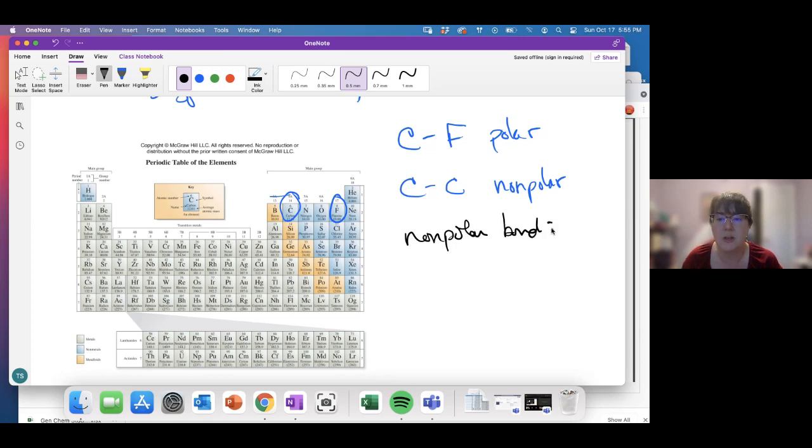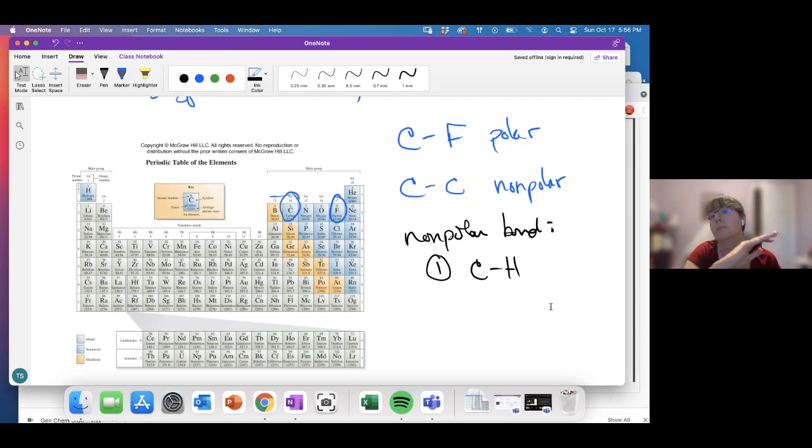The main times you're going to worry about this, one is when it's a carbon-hydrogen bond. Now, I understand that you can go back to chapter 6, look up the electronegativity values on the Pauling scale for carbon and hydrogen, and tell me that they are not identical. I know you can do that.